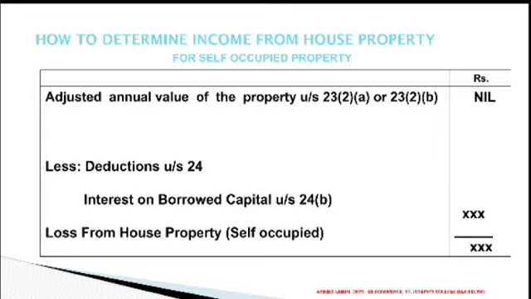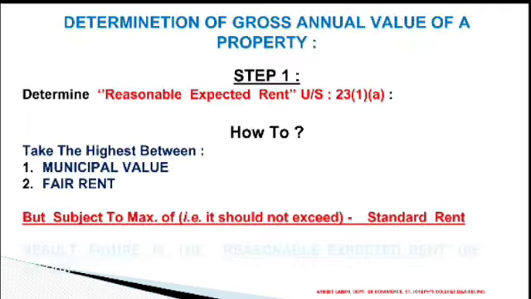It is simply nil. And the deduction under section 24 is there, interest on borrowed capital under section 24 subsection B. We take only the borrowed capital interest, and the amount we put, there is no income from the self-occupied property. That's why we show a loss from house property for self-occupied.